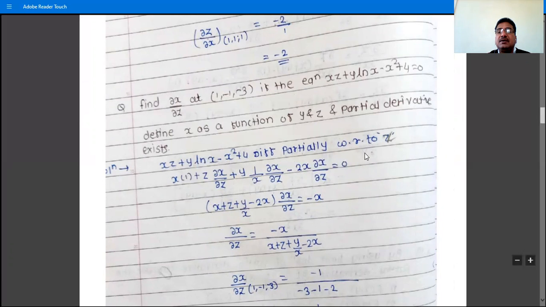minus x square plus 4. Differentiate with respect to z because we have to find the derivative ∂x/∂z. So the derivative of z with respect to z is 1. X is a function of y and z, so x is not constant, and z is not constant.